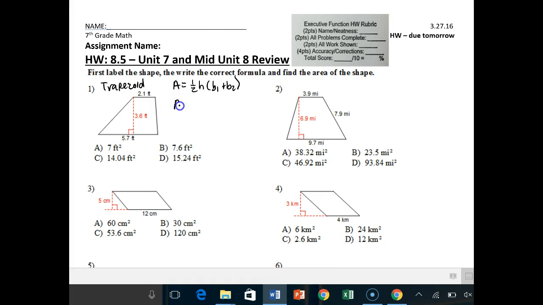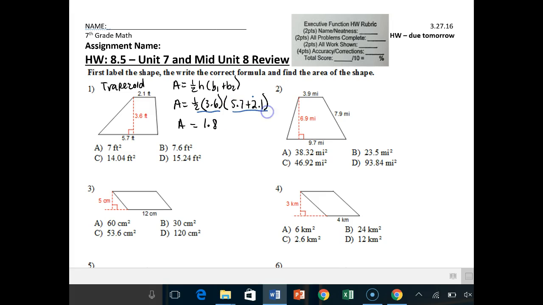So let's plug in for the height and all the bases. So 1/2, the height is this 3.6 here. Close that parentheses, then open up a new one. Base 1 is 5.7 plus base 2 is 2.1. When you use a calculator, you'll find that a half of 3.6 gives you 1.8.